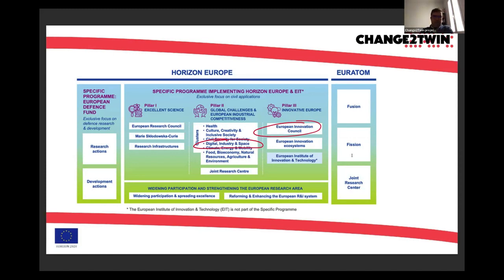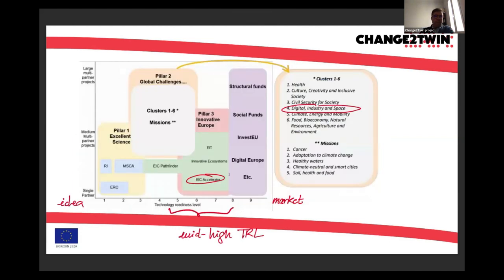But in pillar number 2, we have this digital, industry and space cluster that I think may be suitable for this kind of manufacturing SMEs. And also the Premier League of the innovation calls, those under the umbrella of the European Innovation Council, with the EIC Accelerator as the main star.